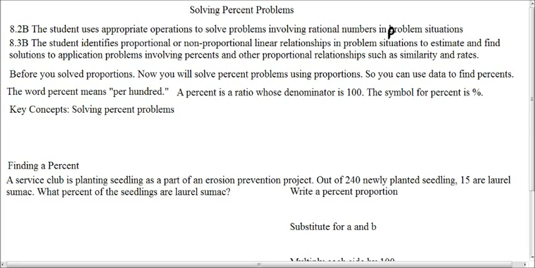So let's say we want to represent A is P percent of B. So we would simply write that: A is P percent of B. Now, we want to use the following proportion.